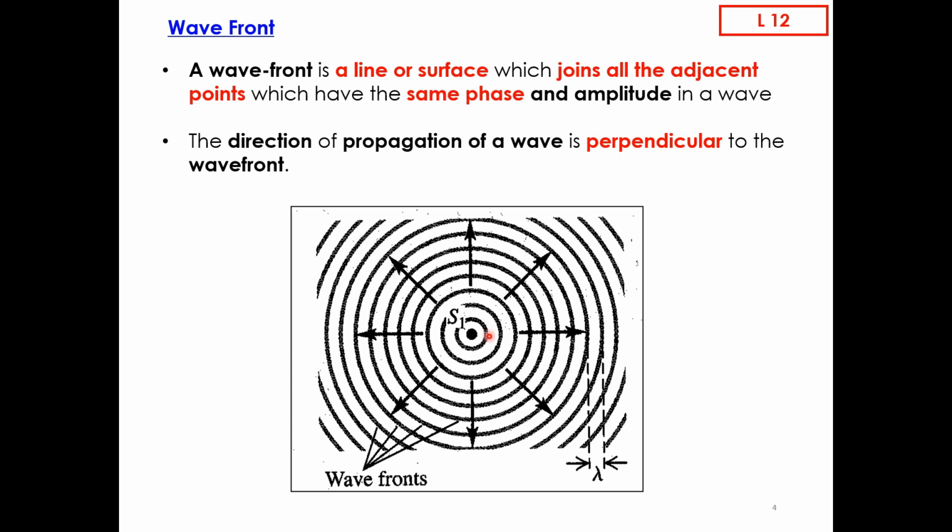Every point on this wavefront is a source of a new wavelet. The distance between this wavefront and the second wavefront we call the wavelength.